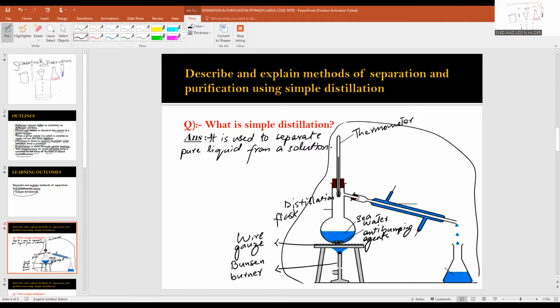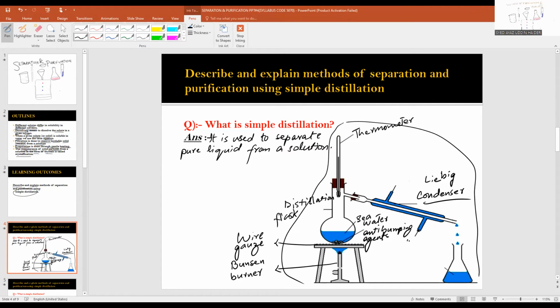The distillation flask is connected or fitted with the Liebig condenser. This is the condenser. You will write condenser. This will be easier for you to remember. Instead of writing Liebig condenser, you can write condenser. The condenser is a jacket of cold water with water entering from the bottom of the jacket.